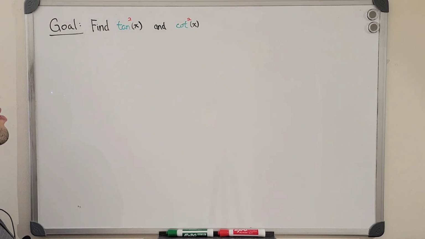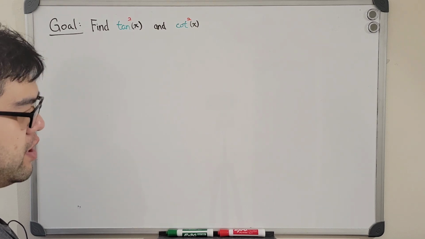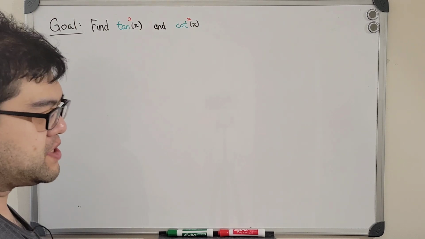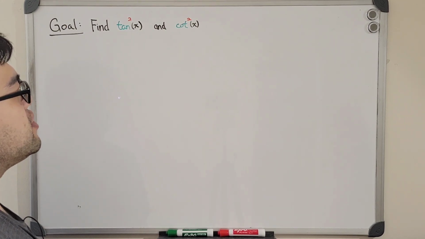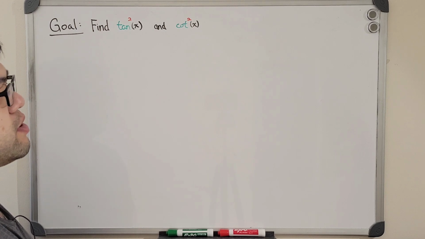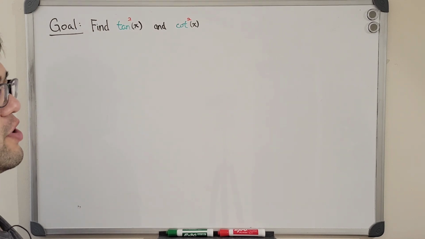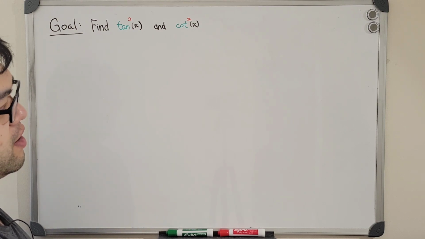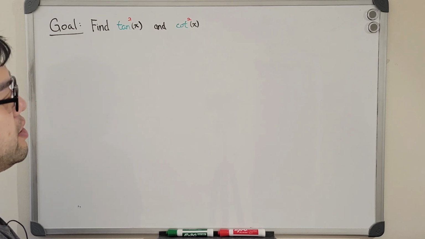In other words, we'll try to rewrite tangent² in terms of tangents of some angles that might not be x anymore. As for cotangent², we would like to see if we can convert it into something in terms of cotangent of some other angles, hopefully.